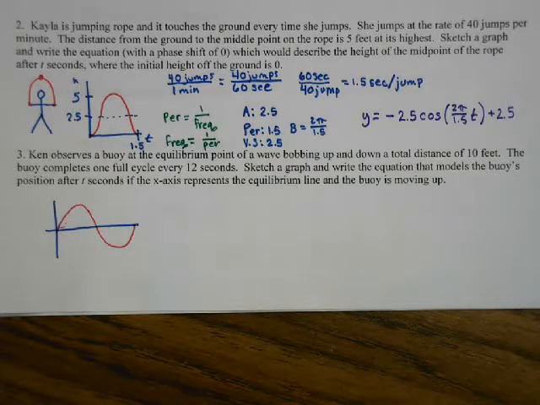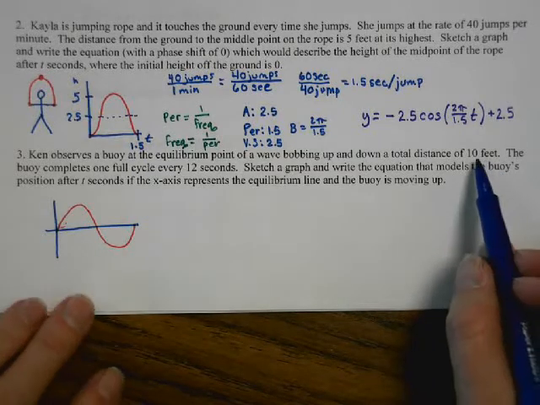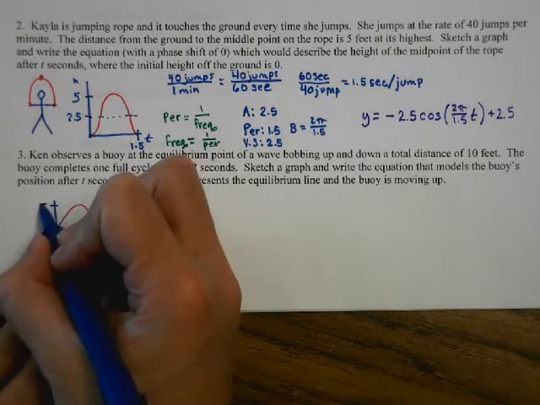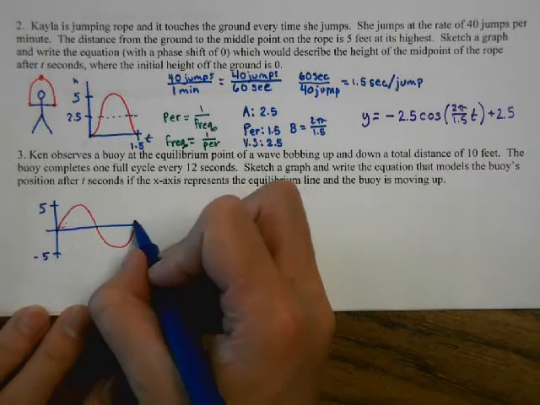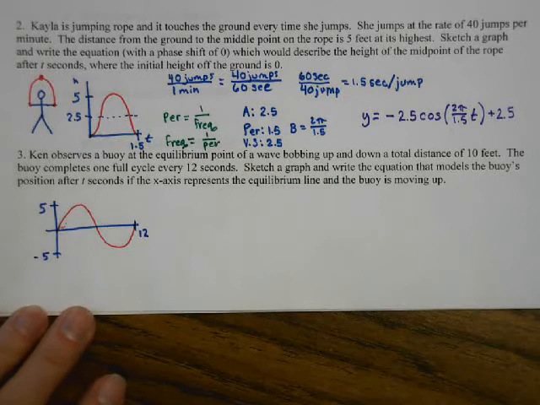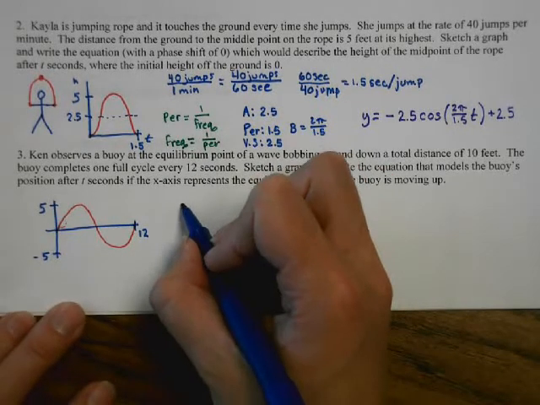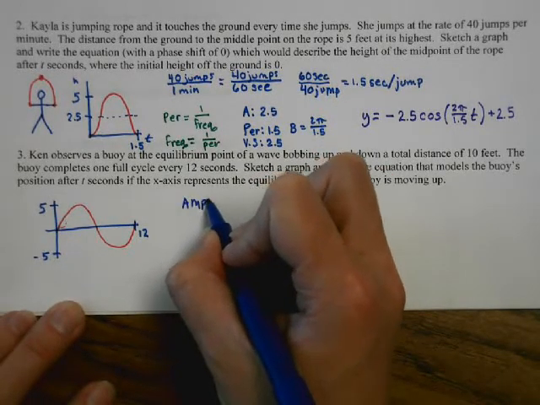To label the points on my graph, it goes up and down a total distance of 10 feet, so that's going to make that 5 and that negative 5. And it takes 12 seconds to complete a full cycle. So my amplitude is going to be 5.